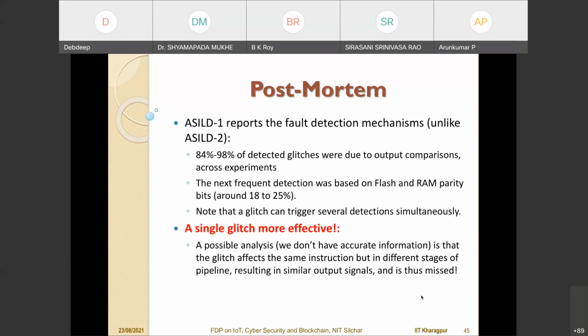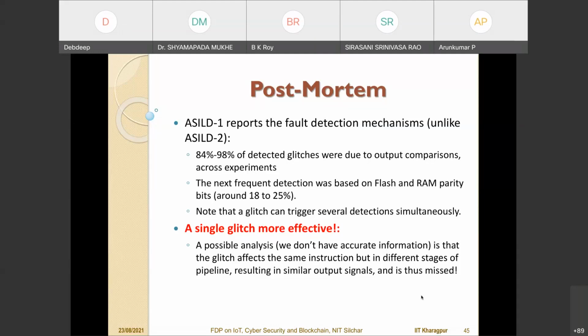But what happens here is that when you are injecting the fault, imagine that your instruction one is at the third stage of the pipeline, and the second instruction, which you are repeating to incorporate redundancy, is in the first stage of the pipeline.